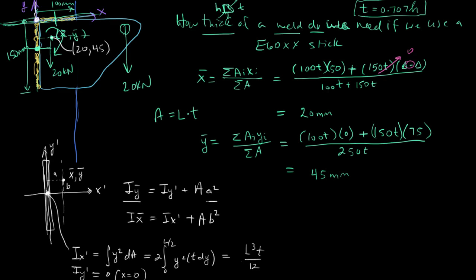If we wanted to look at the polar moment of inertia, we'll recall that the polar moment of inertia is the sum of the Ix plus Iy inertias. So we can use that to calculate our shear and bending stresses.